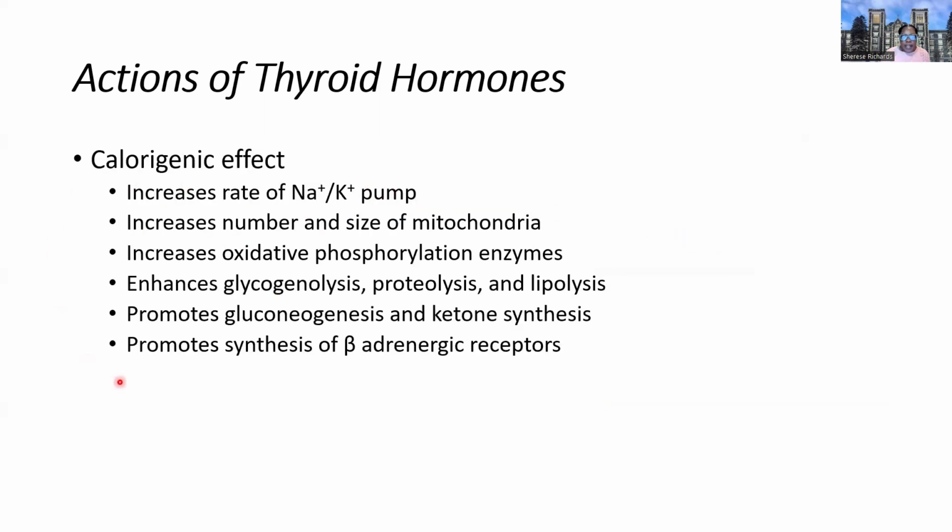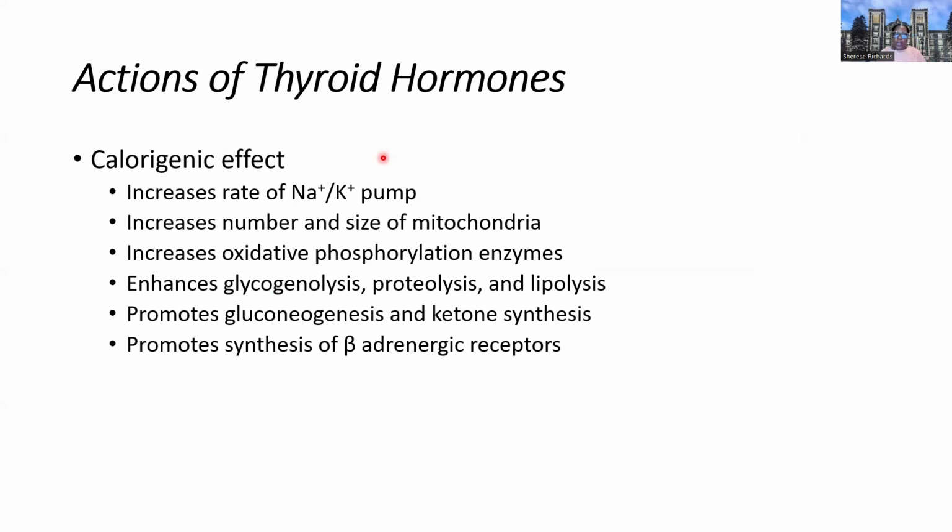Looking at some of the specific metabolic functions of thyroid hormone, this results in the calorigenic effect. So basically increasing the rate of calorie burning, if you will. And this includes the rate of the sodium potassium pump. And we know that the sodium potassium pump is important for the action potential, for reestablishing the resting membrane potential.